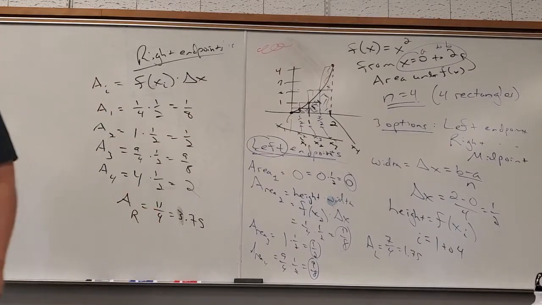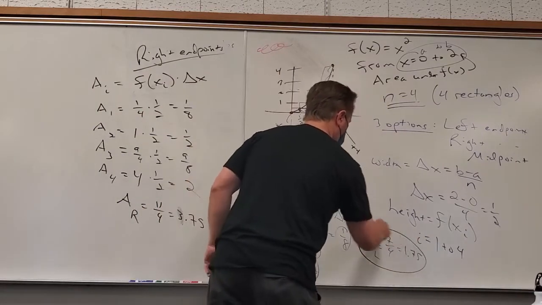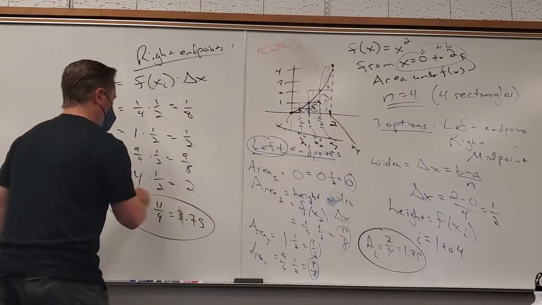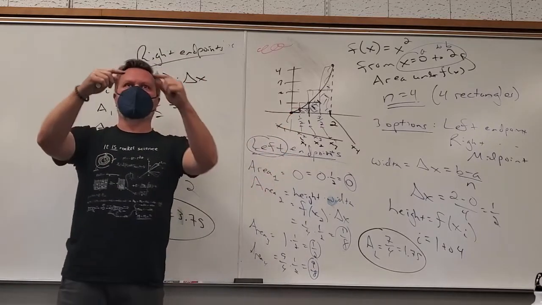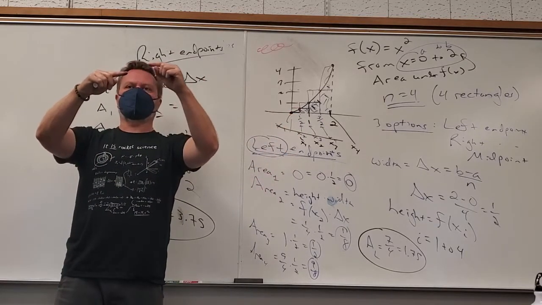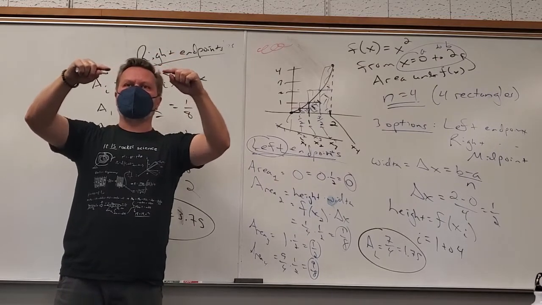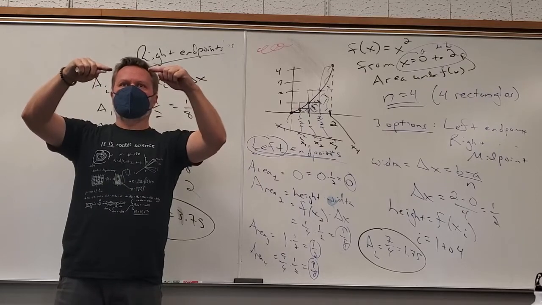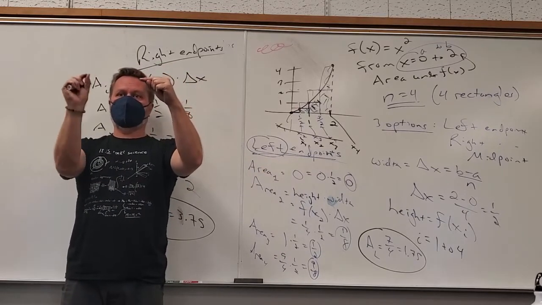Yes? Sorry, could you clarify the difference between drawing it from the left endpoint and drawing it from the right endpoint? Yeah, so in blue is the left endpoint. I know I'm going from 0 to 1/2. The question is how tall is that rectangle going to be? In this case, the left endpoint means it's whatever the function is at 0 on the left side.